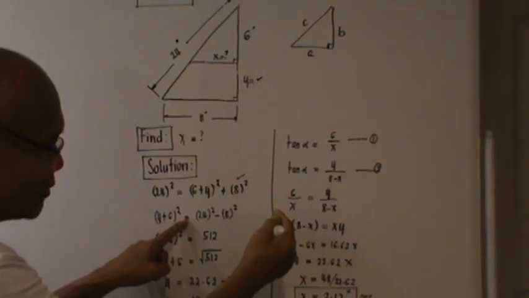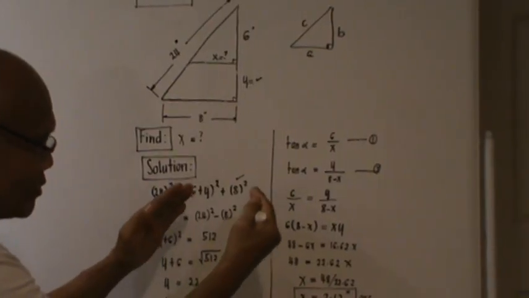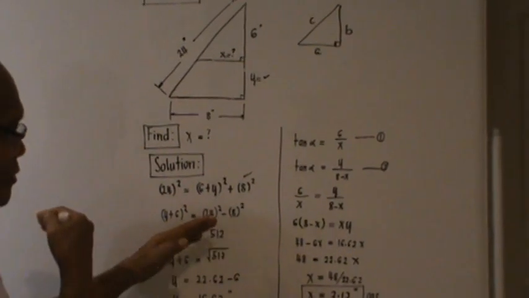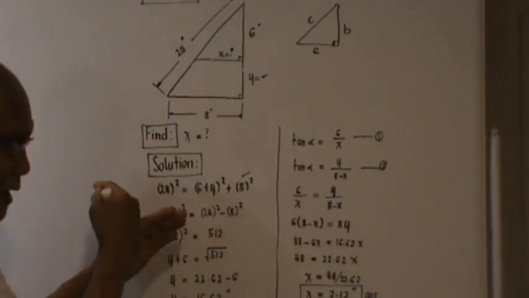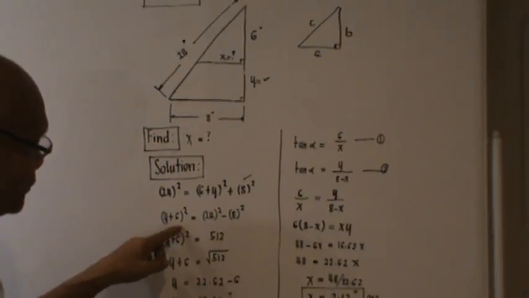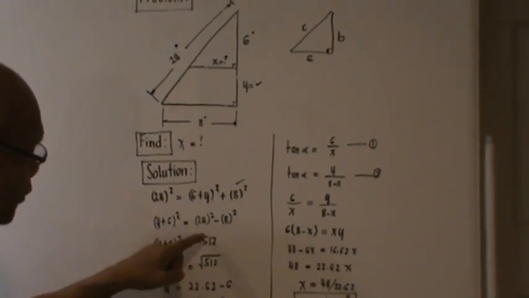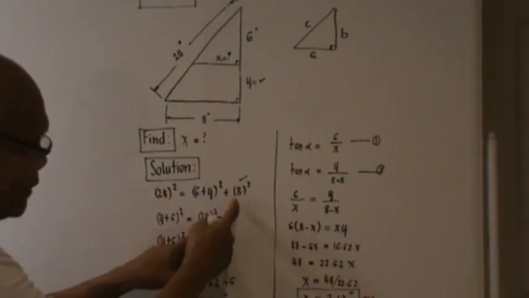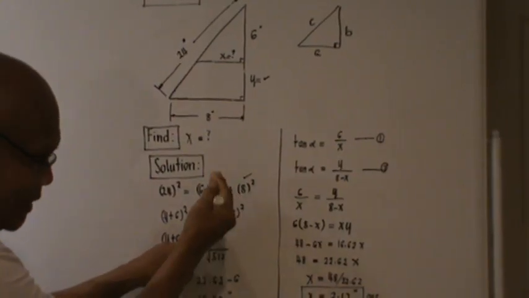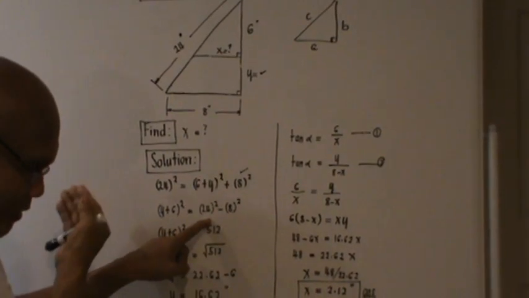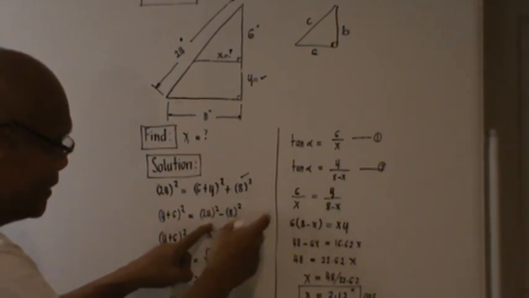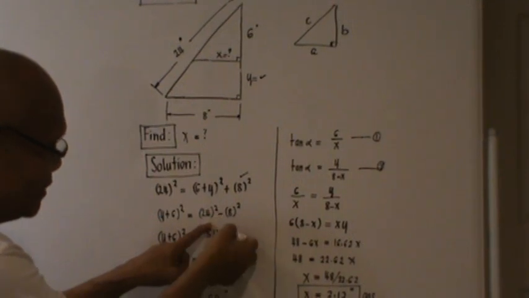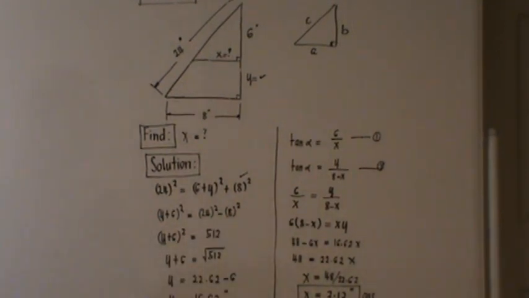Since the unknown is supposed to be on the left, we transpose the 8 squared to the right. So this is minus 8 quantity square. Okay?